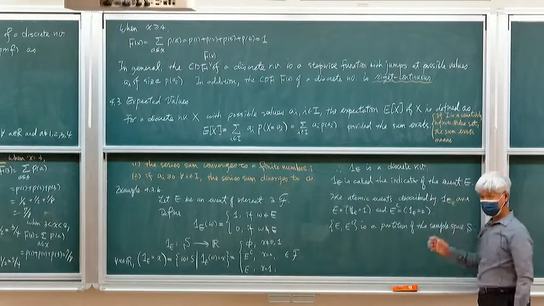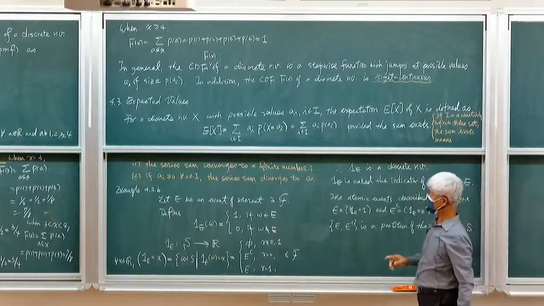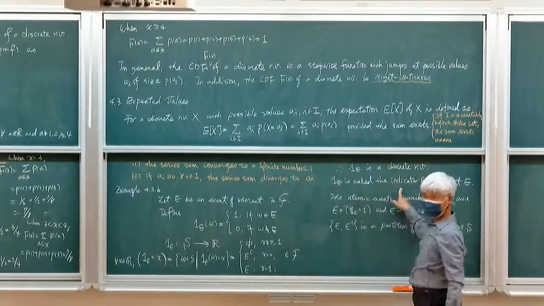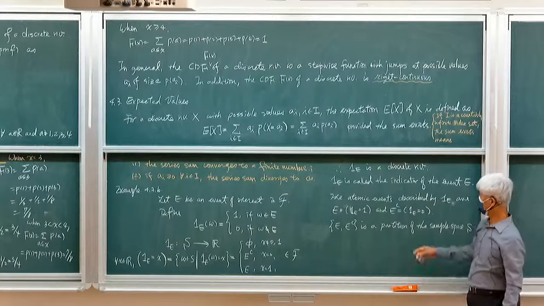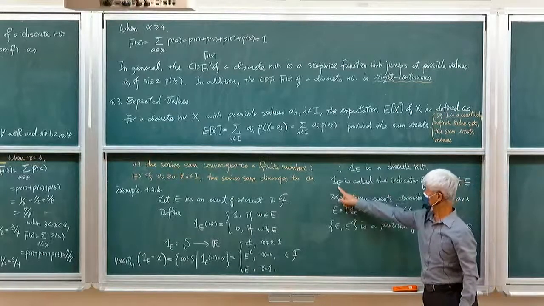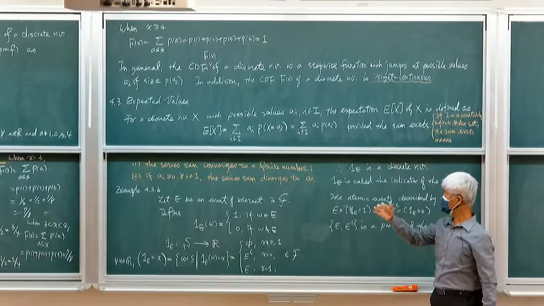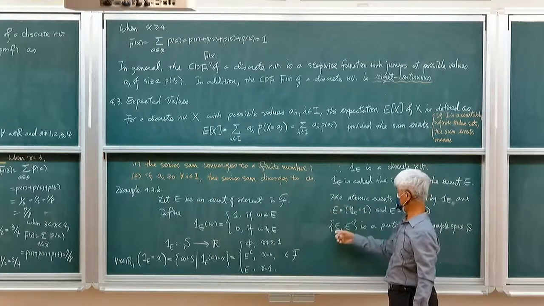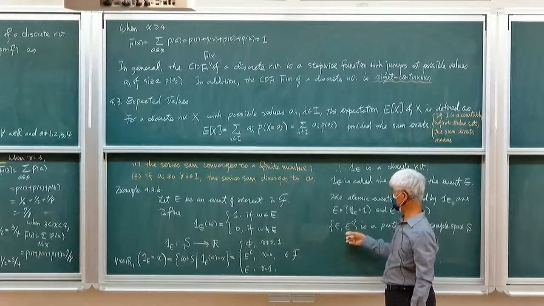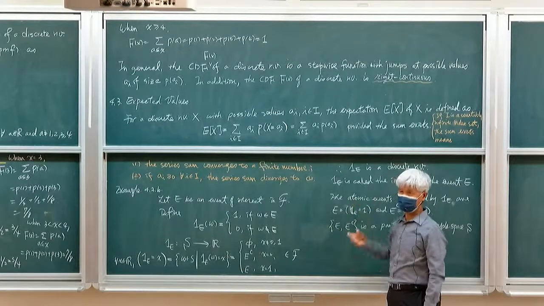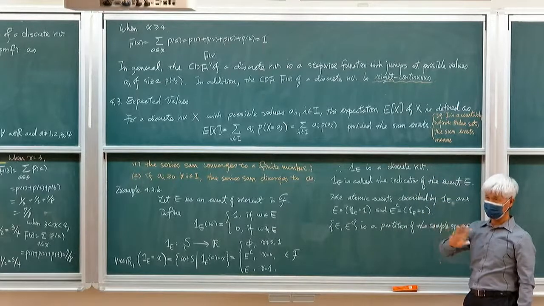From the information point of view, an event E is equivalent to its indicator. The information we can get from the indicator is just the event E itself, because if we know the event E, we know the complement of E. So they contain the same information.